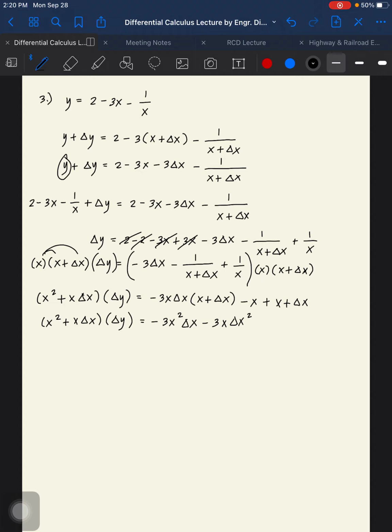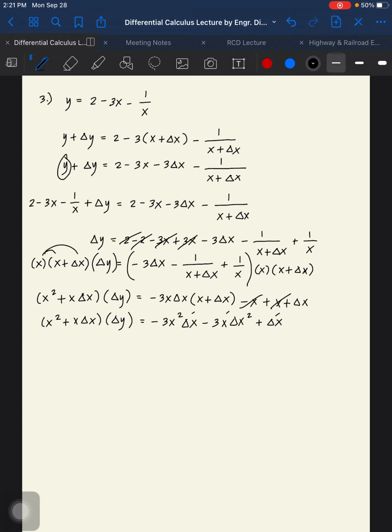So it becomes delta x squared, minus x. Oh, this is already 0. Negative x and positive x, then plus delta x.